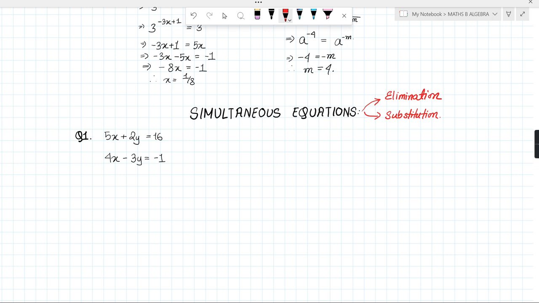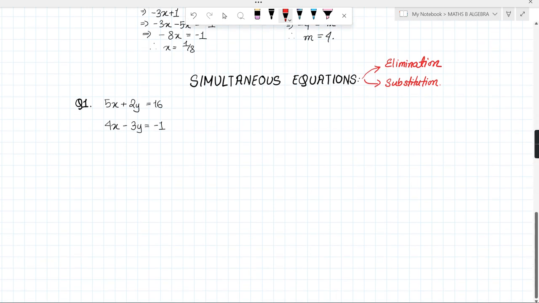So I'm going to solve question number 1 with both processes so that you can identify the difference between elimination and substitution, and then I'm going to solve multiple other questions to give you a good grasp of simultaneous equations. So if we solve question number 1 first with elimination, let me label the equations: this is equation 1 and this is equation 2.